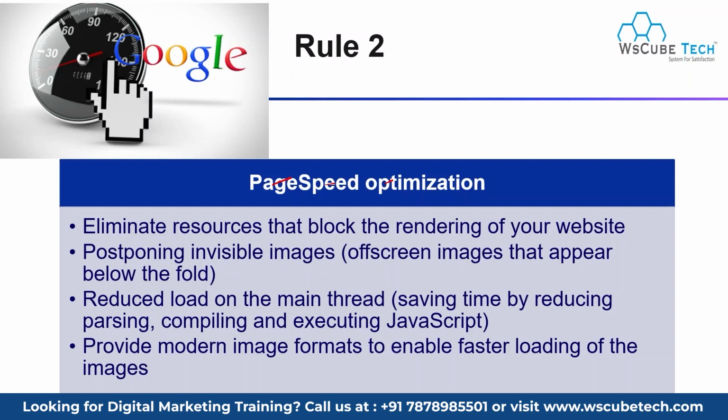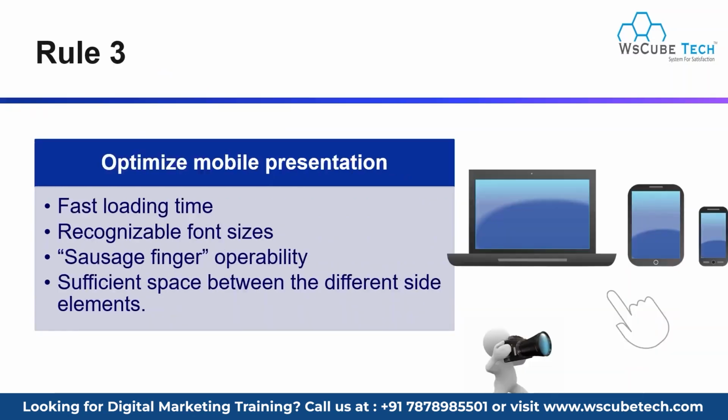Reduce load on the main thread, that is saving time by reducing parsing, compiling and executing your JavaScript. Provide modern image formats to enable faster loading of the images. So these are some of the ways we can do page speed optimization, because page speed plays an important role in your user experience.